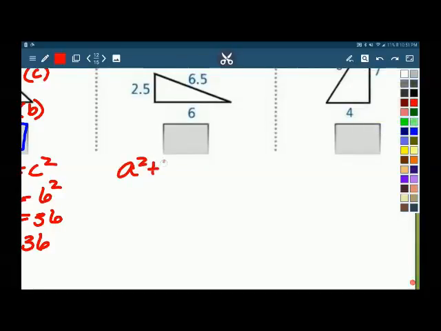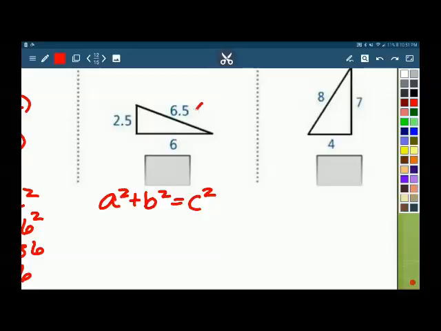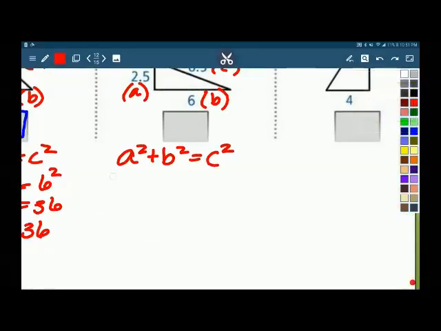A squared plus B squared equals C squared, where the longest side should be C. So 6.5 here should be C. We'll call 2.5 A, and we'll call 6 B. So we've got 2.5 squared plus 6 squared equals 6.5 squared.